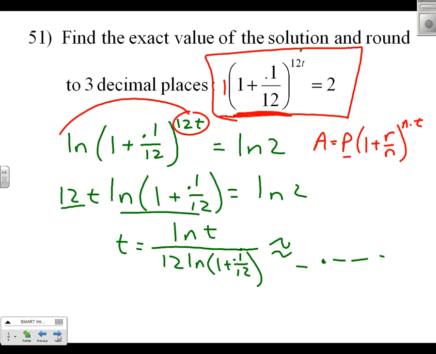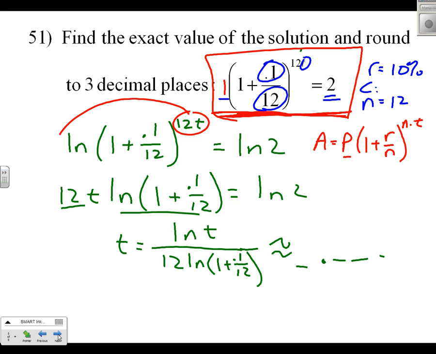What's the story problem that would lead to that as getting us into our solution? It would be looking for t. How long would it take if we invested $1 for it to become $2 if the rate was 10% and it was compounded monthly, n equals 12?